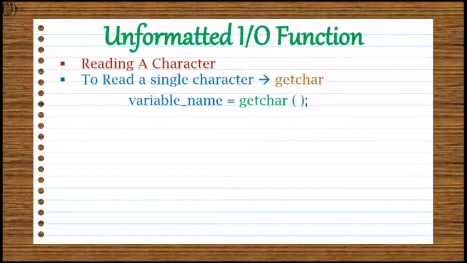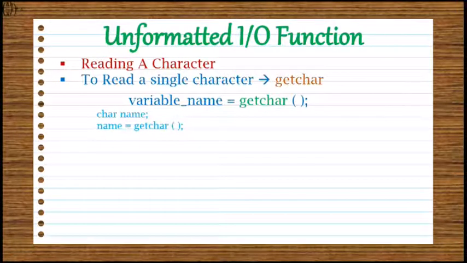The syntax for this function is variable equal to getchar, then opening and closing brackets, and finally a semicolon. Here the variable name can be any valid variable name where you want to store the inputted value. getchar takes a single character from the keyboard and that value will be stored in the variable name.